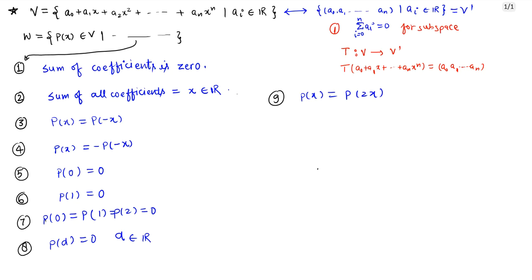बनेगा ना? If we put x is equal to 2x, then we get p of x is equal to p of minus x. Similarly, यानी कि p of x is equal to minus of p of 2x. ये बनेगा ना?